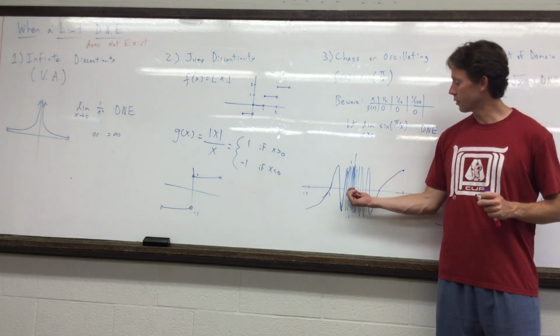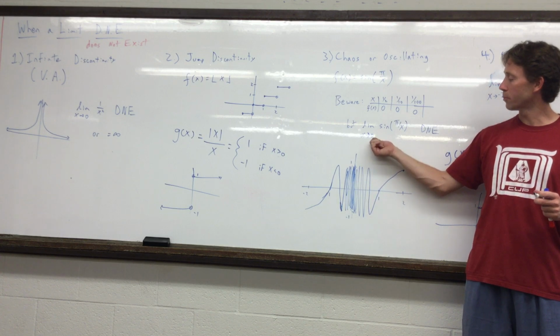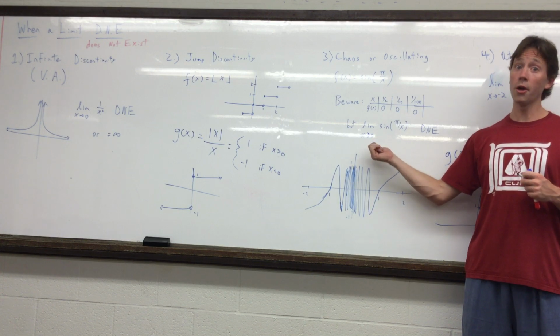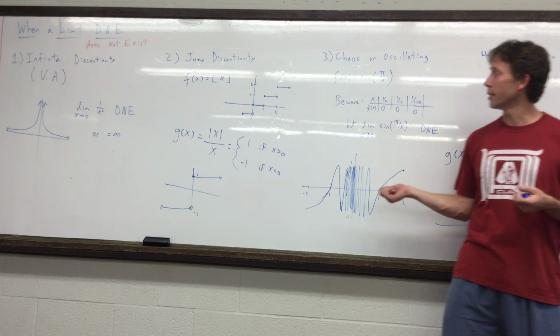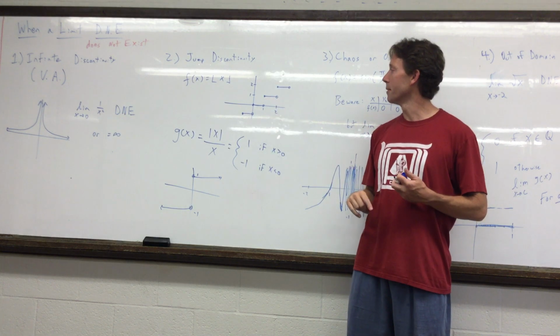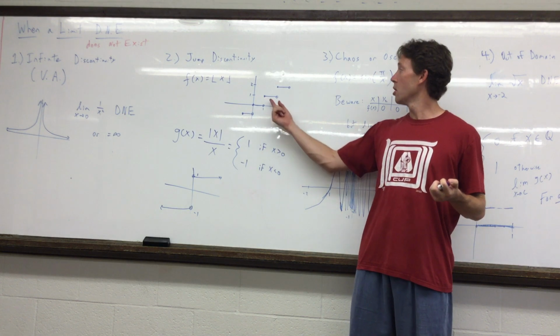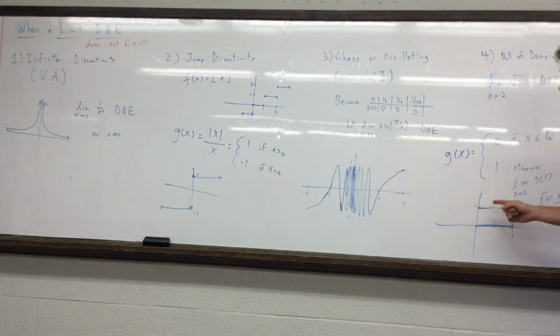The earlier function is chaotic right at 0, but if I wanted to find the limit as x approaches 0.1, it's actually a continuous function at that point. I could just plug it in. This guy has all these jump discontinuities, but on the line segment, it's continuous. The limit exists everywhere except for the jumps. So this is a good kind of mind-bending example. Think about it a little more, and maybe you can get the point.